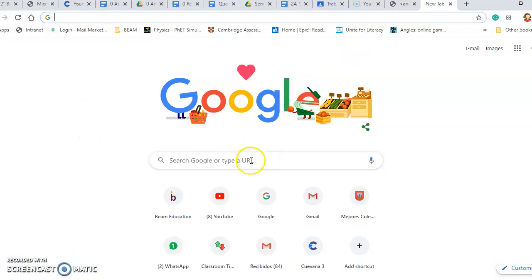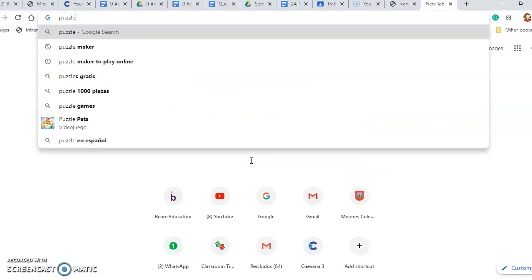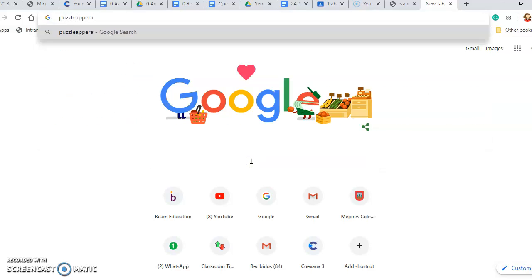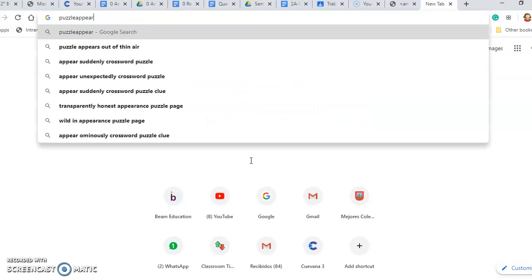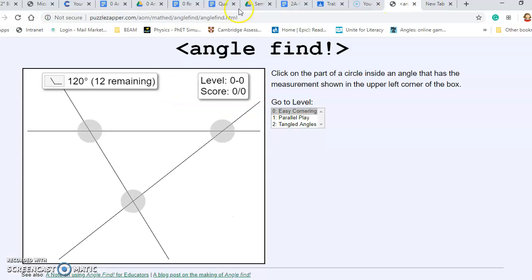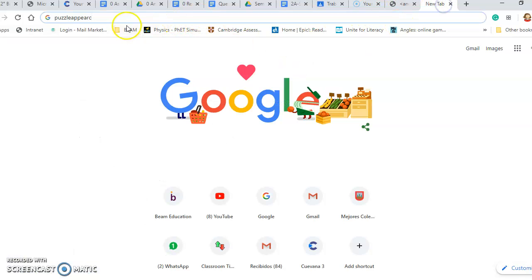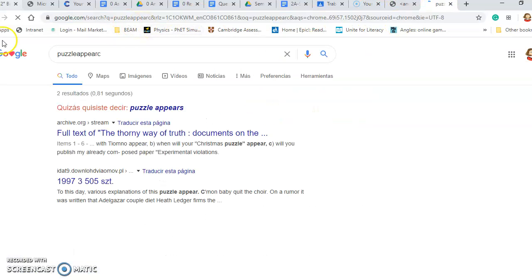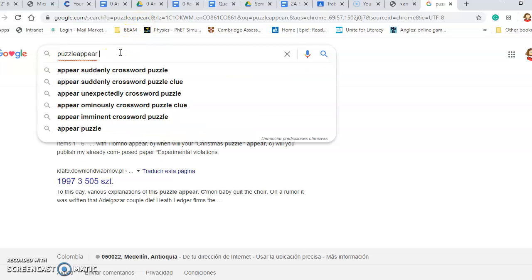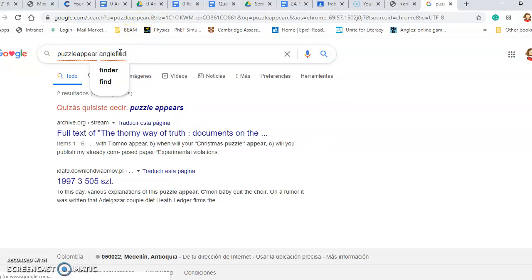That is the name of the domain. Puzzle appear. And then angle find.